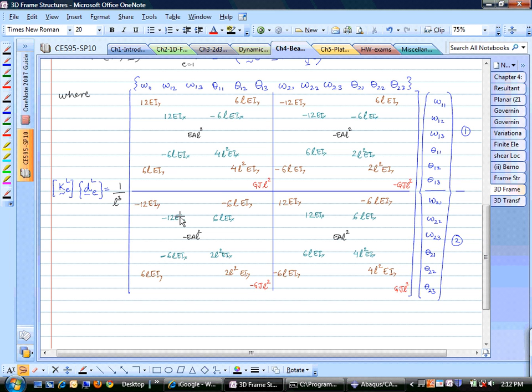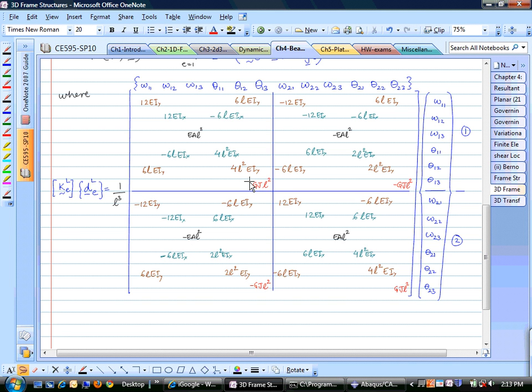So essentially, after you've done the bending terms, these are the 4 axial terms. Those axial terms are relating the axial displacement at node 1 in the 3 direction, node 2 in the 3 direction, with node 1 and 2 in the 3 direction.